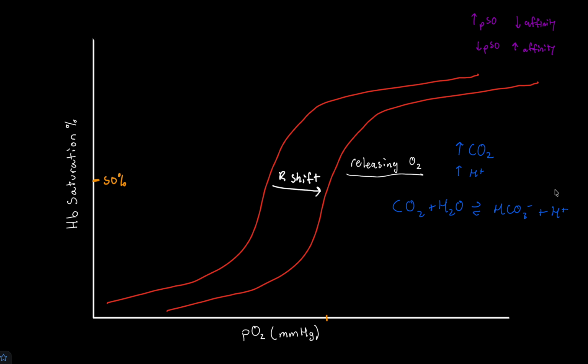And if you guys remember, pH is defined by the concentration of these hydrogens or protons. And if we have an increased amount of hydrogens over here, that means we are going to decrease our pH. So when we are decreasing our pH, we have an increased amount of hydrogen ions, or just protons in general.